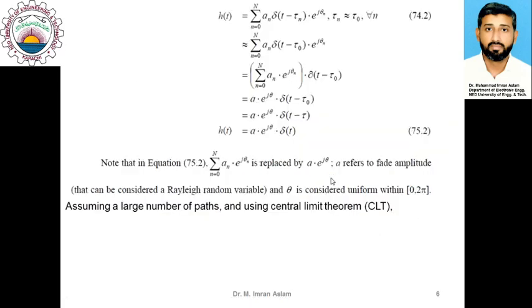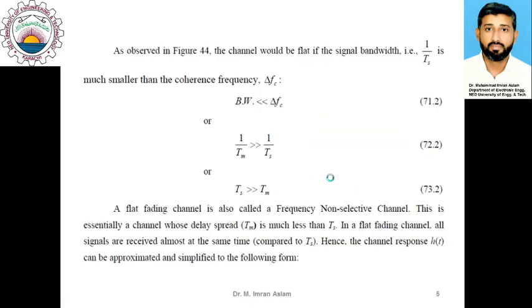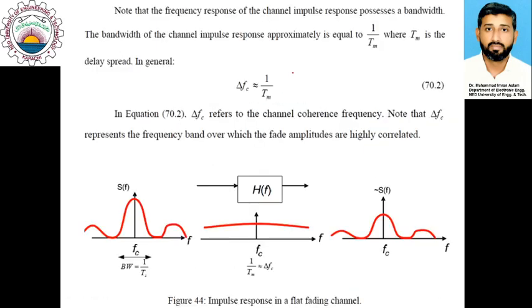Let me quickly go back to the previous slides. The coherence bandwidth in terms of delay spread is generally taken as 1 upon Tm, but this is a conservative approximation. Sometimes for more stringent approximations, we use another formula, where delta Fc is approximated as 1 upon 5 times Tm, or 0.2 times Tm.